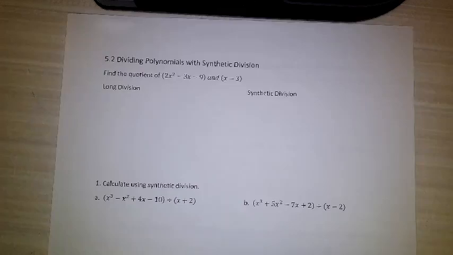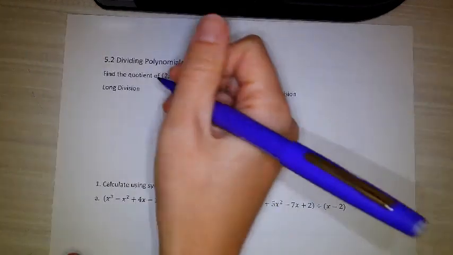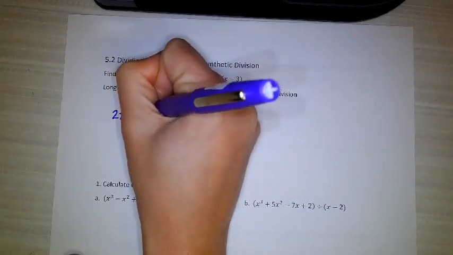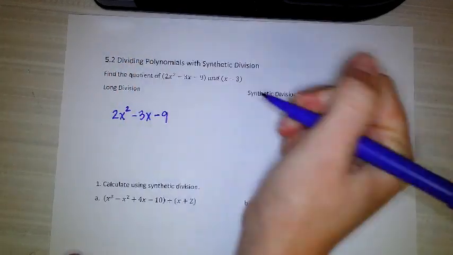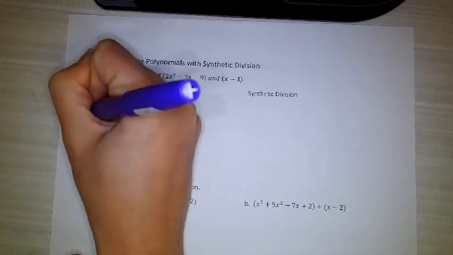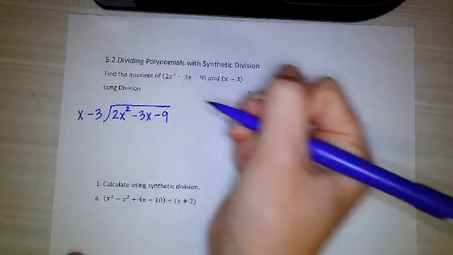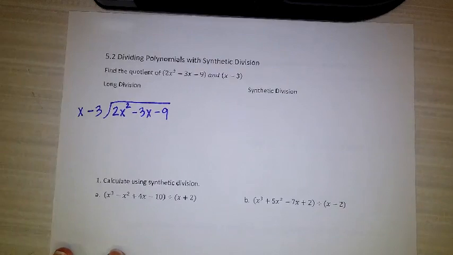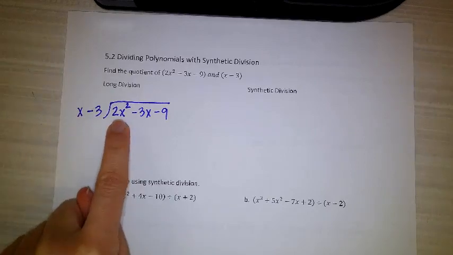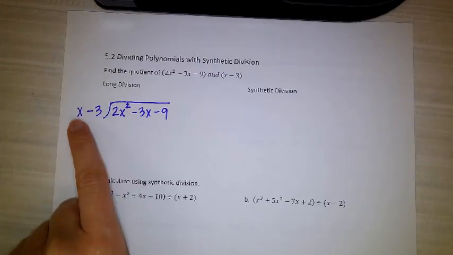So this says find the quotient of 2x squared minus 3x minus 9, and we're dividing by x minus 3. Okay, so remember that process from last class. We're going to look at our divisor and say x times what would give me 2x squared.